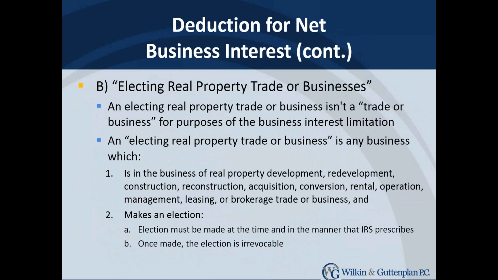So if these electing real property trades or businesses make the election, they are not subject to the limitation. And just note that once the election is made, it is irrevocable.